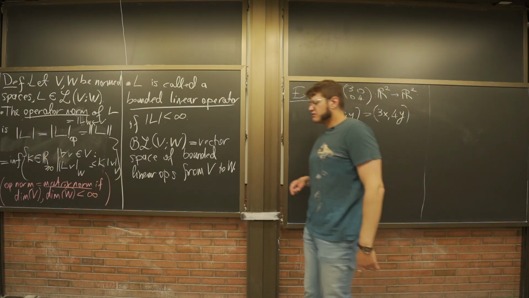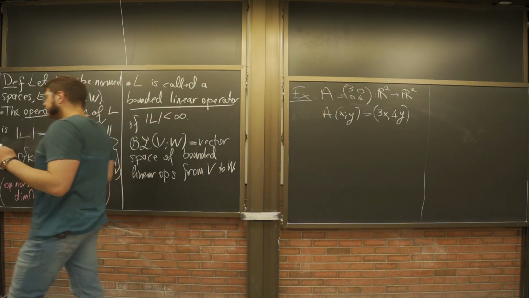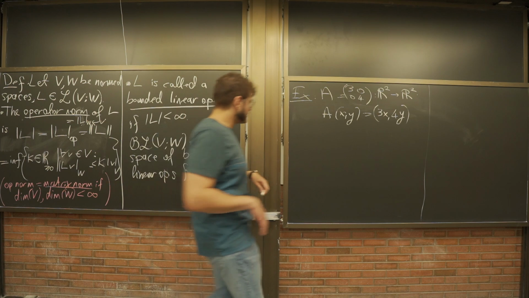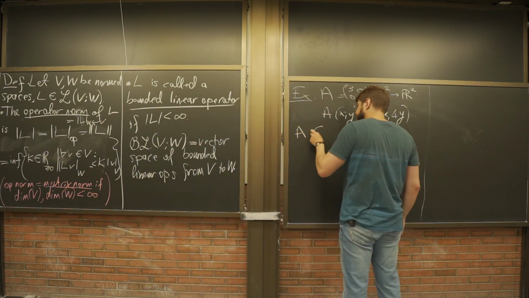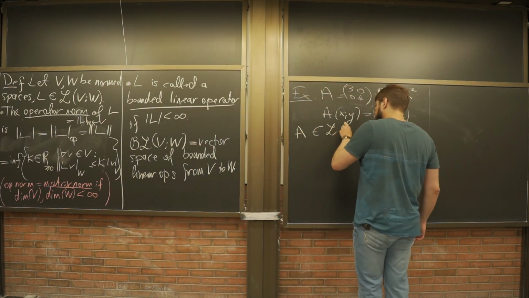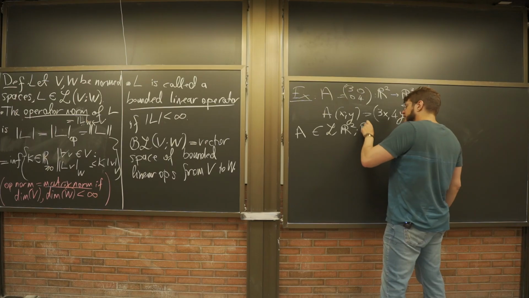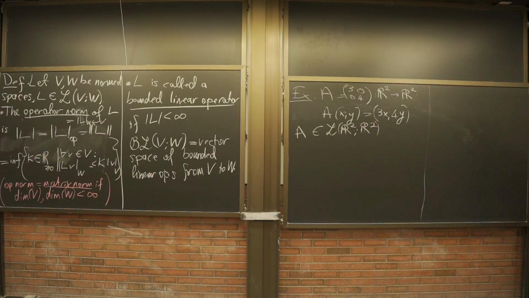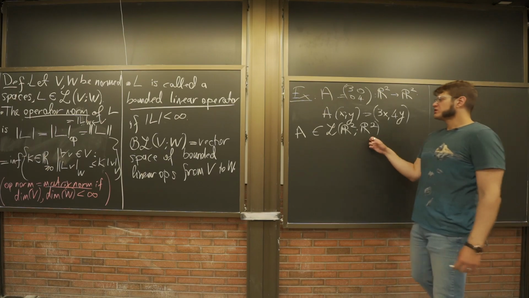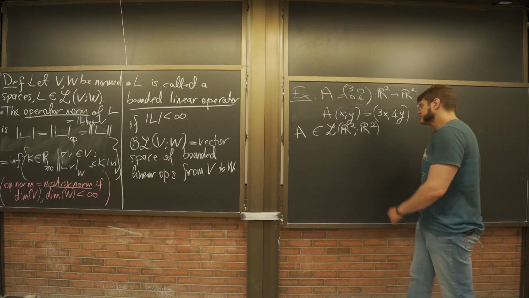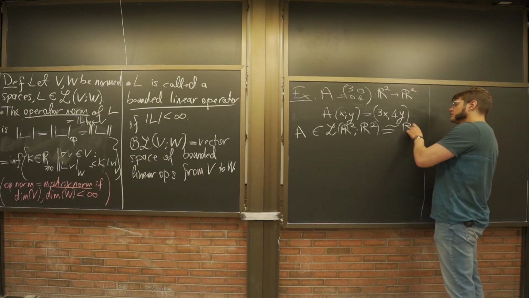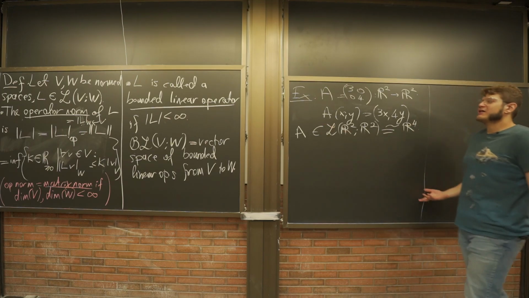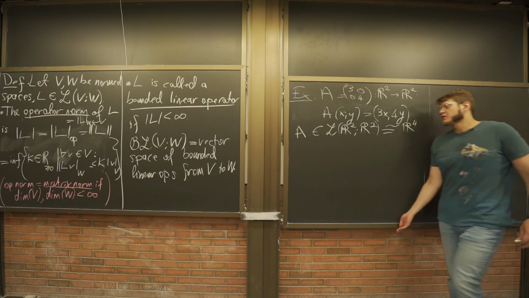You can say, oh, we have this classification theorem. A is a vector in the space of linear transformations from R2 to R2. I know that this is 4-dimensional, which means that this is isomorphic to R4, which means that as the norm, maybe I want to use the Euclidean norm.